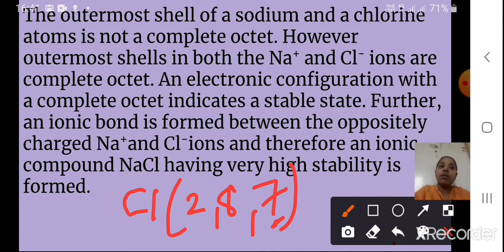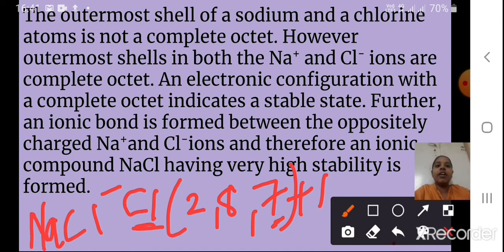However, outermost shells in both the Na+ and Cl- ions are complete octets. Yes, Na, as I told you, was having 1 electron. That 1 electron will be added to this 7, and it will become 8. So chlorine will become Cl- and sodium will become Na+.